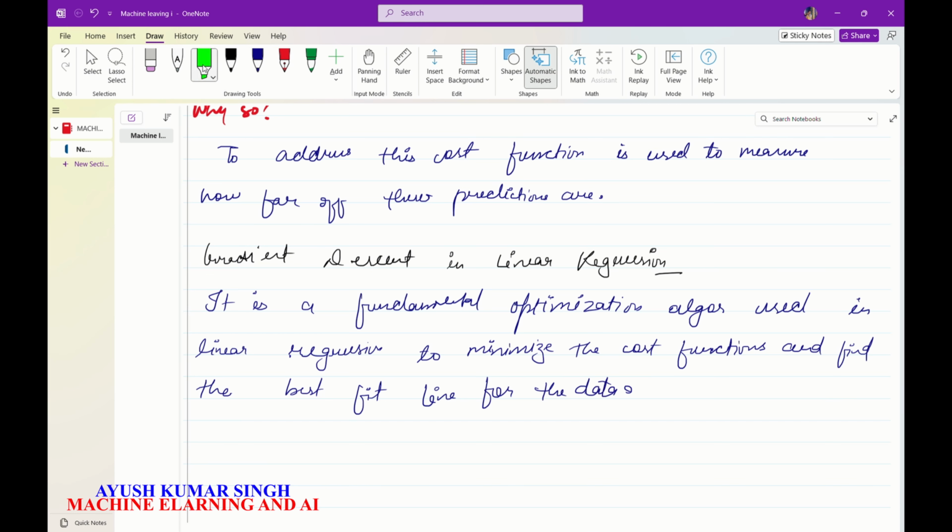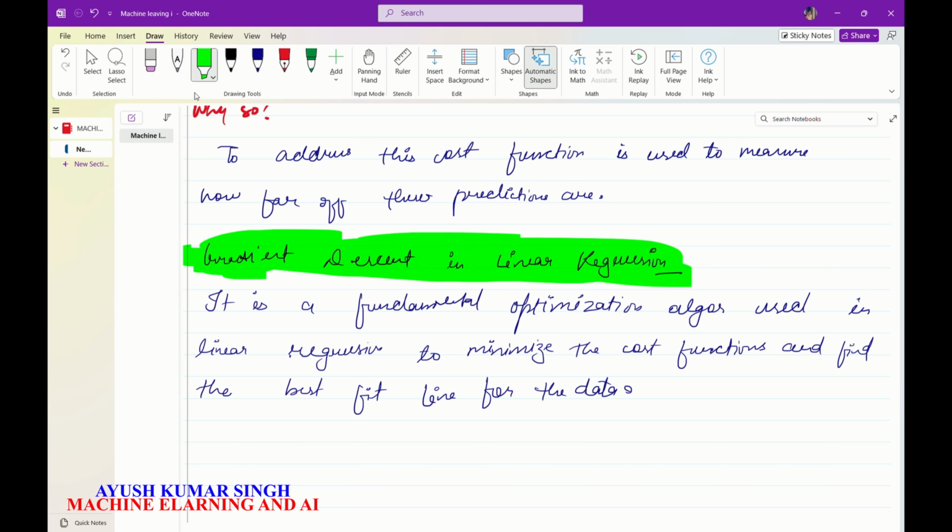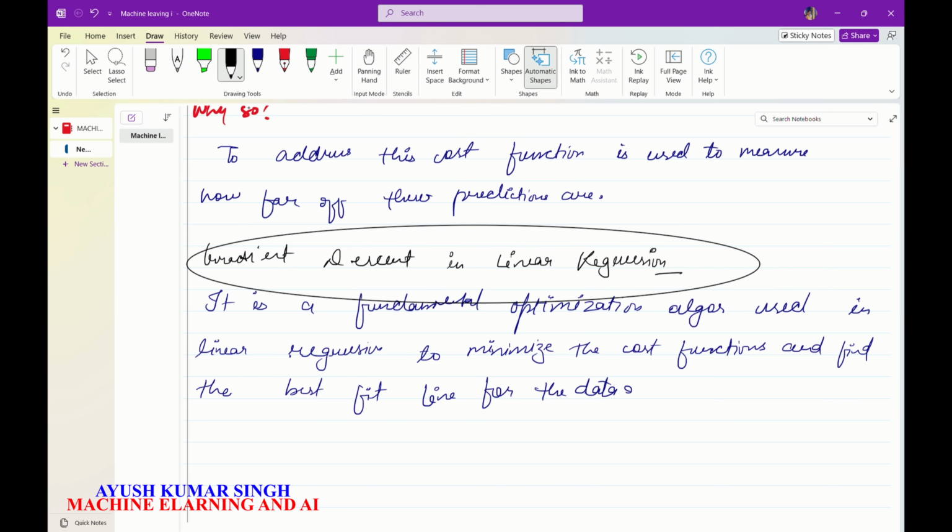So gradient descent is a fundamental optimization algorithm used in linear regression to minimize the cost function and find the best fit line for the data.